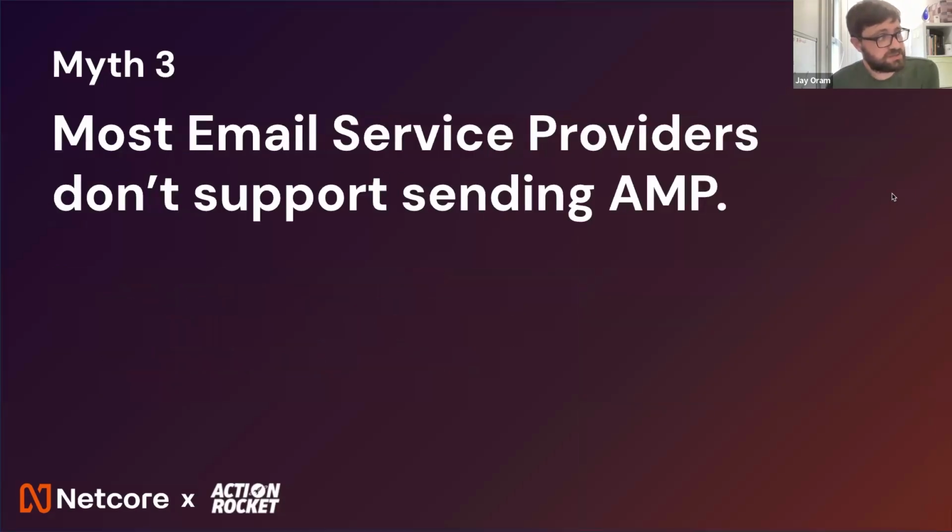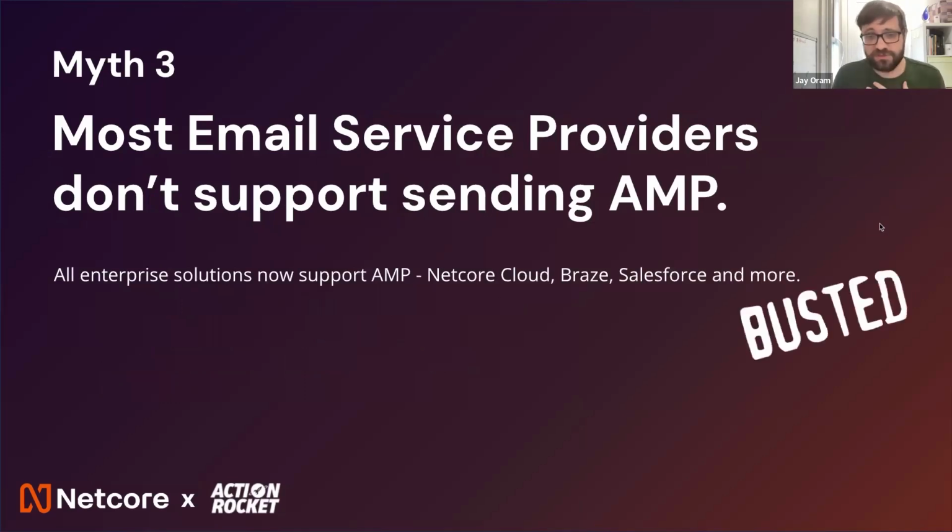Cool. So the next one is most email service providers don't support sending AMP. Originally, this was quite a hard one. So think about that. If you've tried to set it up before with your email service provider and you've had a bad experience, then hopefully that's now busted. So pretty much all enterprise solutions, Netcore, Braze, Salesforce, many email service providers that we now talk to, they all have AMP built in.